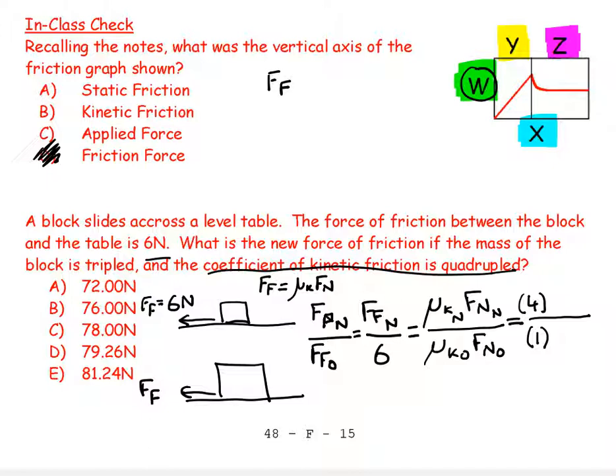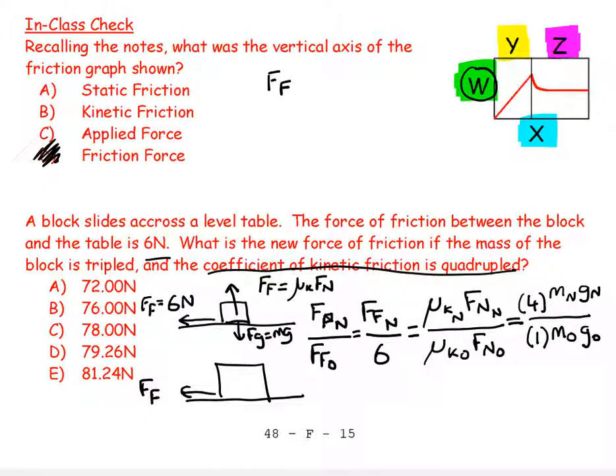We were given the masses. Fair enough. So what we say is, our normal force new would be m new g new, and our normal force old would be m old g old. Remember, our normal force is balanced by our Fg, which equals mg.